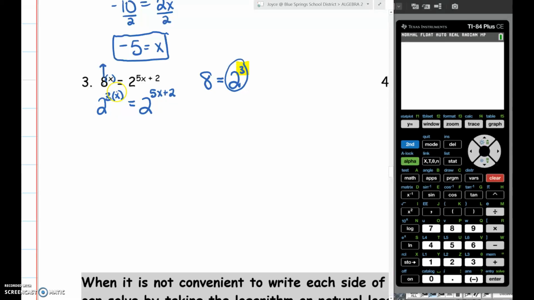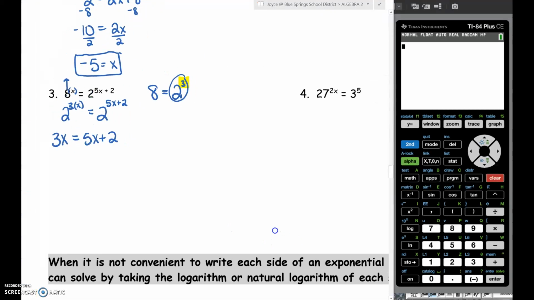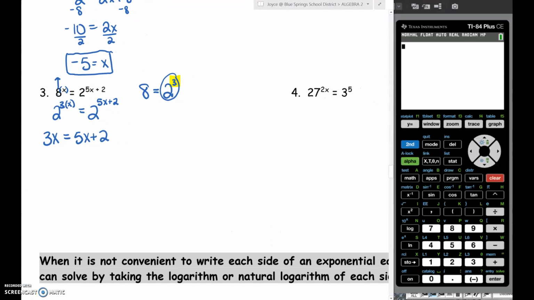Now we have 2 to the stuff equals 2 to the stuff. So first stuff, 3 times x, has to equal other stuff, 5x plus 2. Could you then finish solving that? Okay, let's try number 4. 27 and 3 don't match.